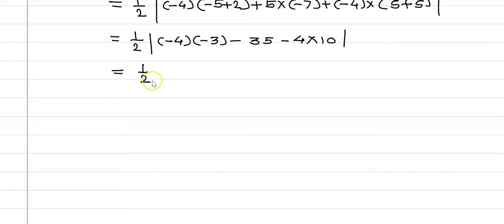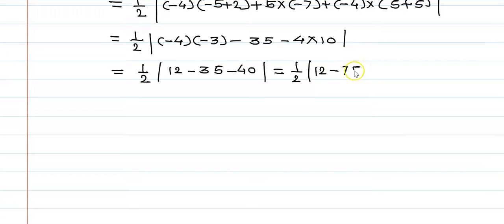This equals 1/2, 12 minus 35 minus 40, and overall we will have 1/2, 12 minus 75.